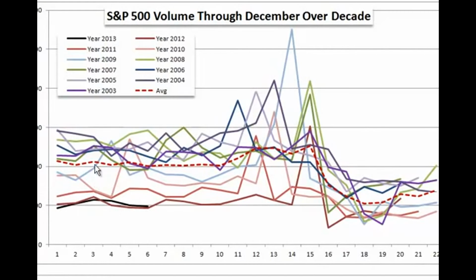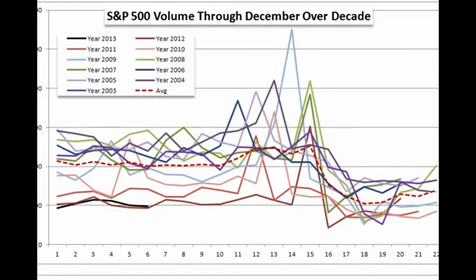You see a trend, it's getting quieter and quieter on average, but I do want to point out that there is a spike in volume around the 11th to the 14th day of the month, depending on when the month starts. And then there is a complete drop-off, as that is typically the Christmas holiday.